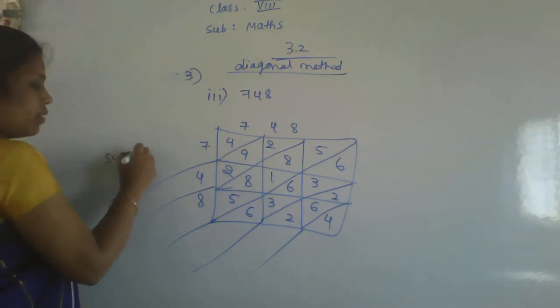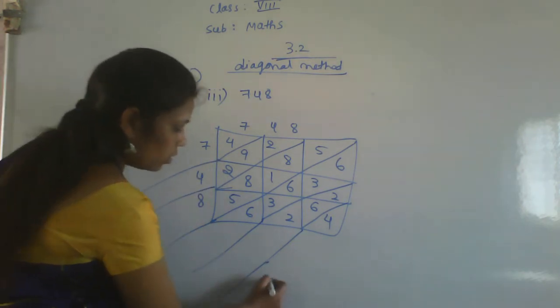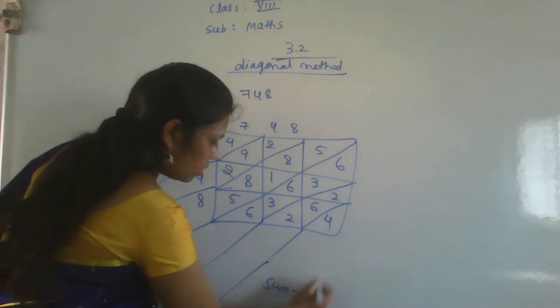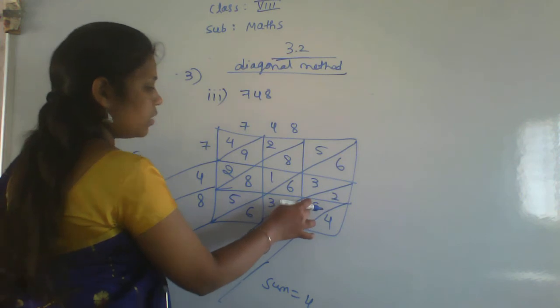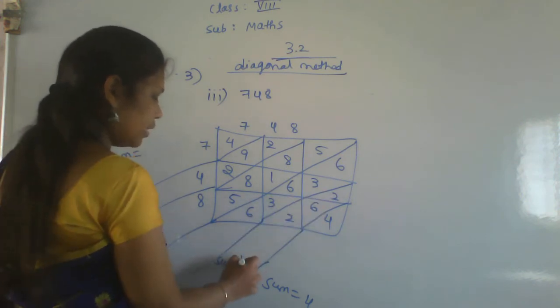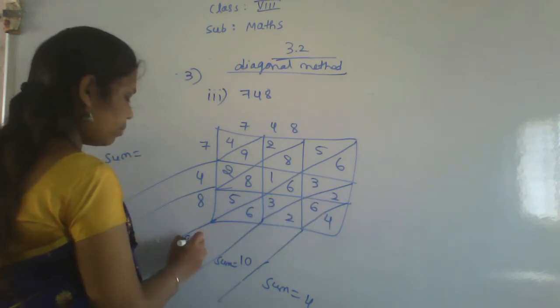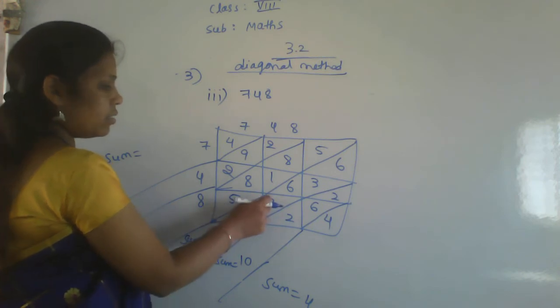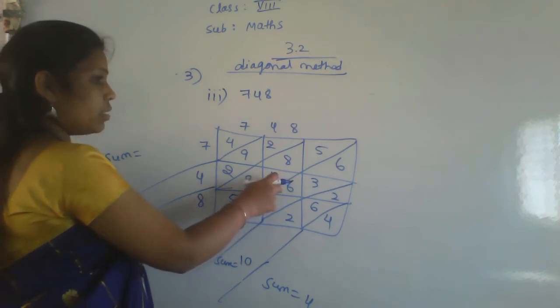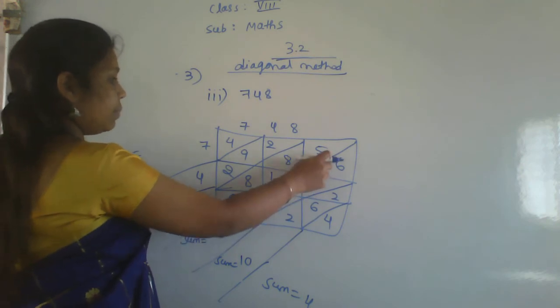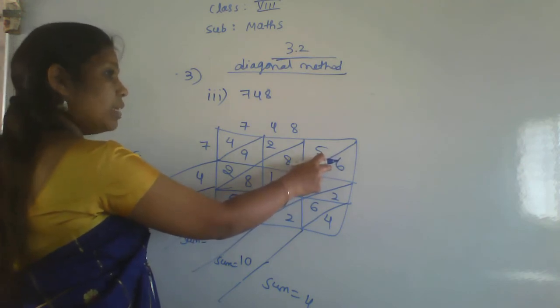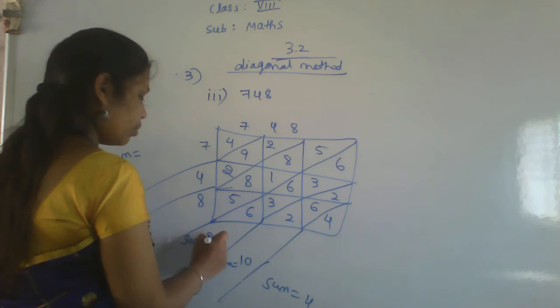Sum. The first sum is 4, and here sum 2 plus 6 is 8, 8 plus 2 is 10. And here sum 6 plus 3 is 9, 9 plus 6 is 15, 15 plus 3 is 18, 18 plus 6 is 24.